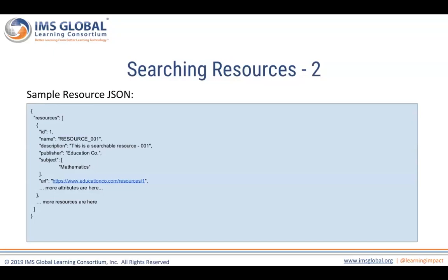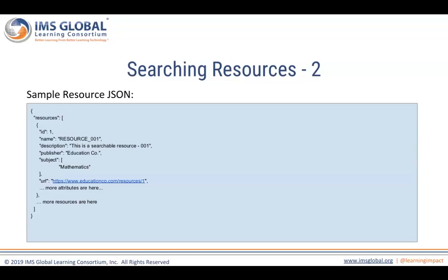You can see we've got the ID of the resource inside the repository, a name, a description, a publisher, and then the subjects that it is attached to. In this case, we've got mathematics, and remember our repository supports mathematics, geometry, and algebra. Also, one of the most important things, we've got the URL, which is your way to access the resource once you've found it.